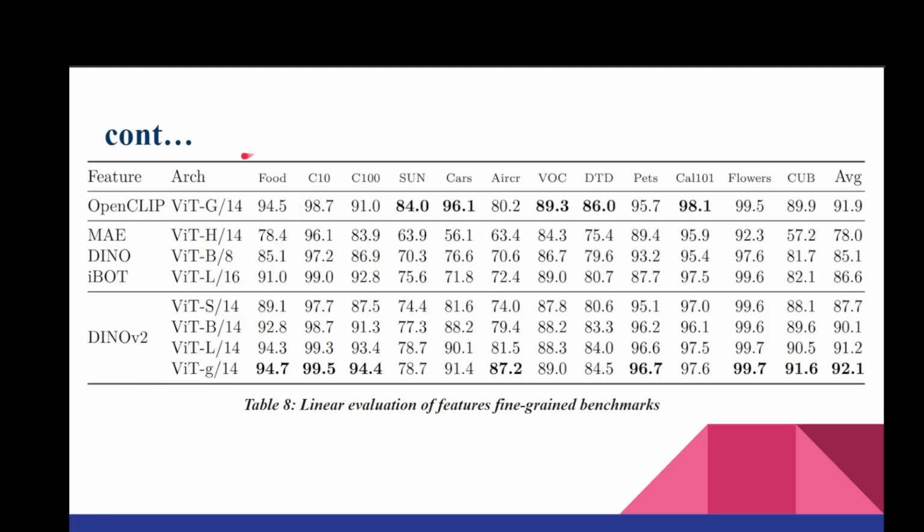You can see various types of objects, scenes and textures are used to evaluate the model: food, C10, C100, sun, cars, aircrafts, VOCs, pets, flowers, etc. They are used to evaluate the model's generalization. Here you can see in most of the cases the model outperforms the SOTA models.